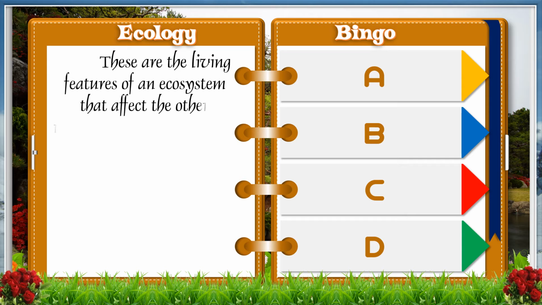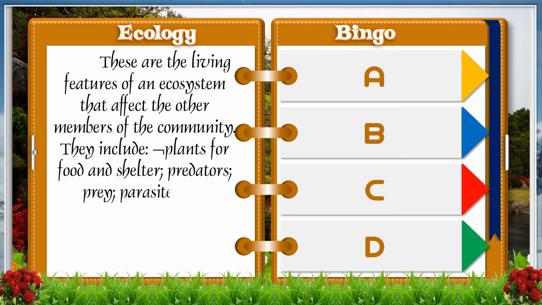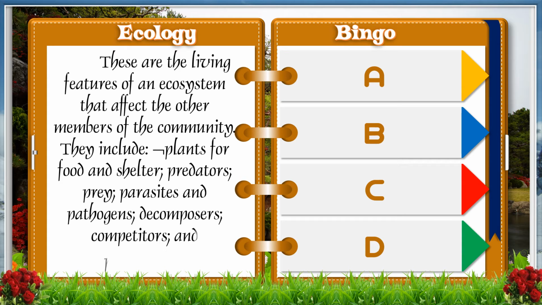These are the features of an ecosystem that affect other members of the community. They include plants for food and shelter, predators, prey, parasites and pathogens, decomposers, competitor, and pollinators.